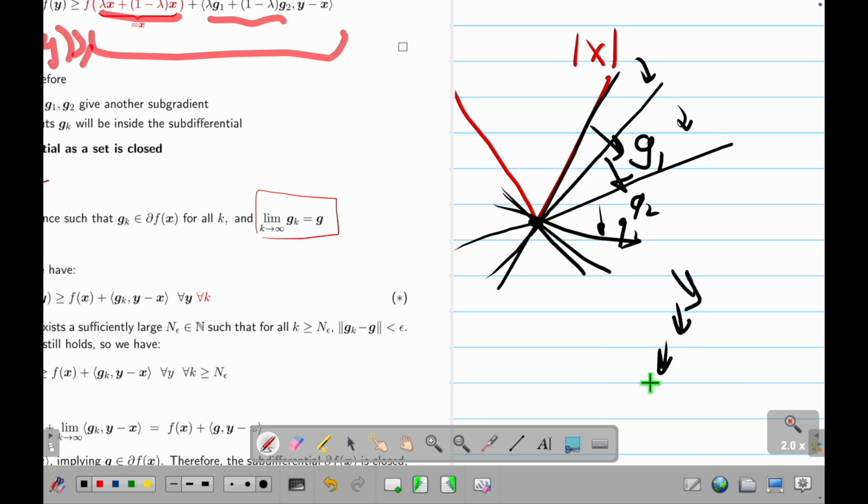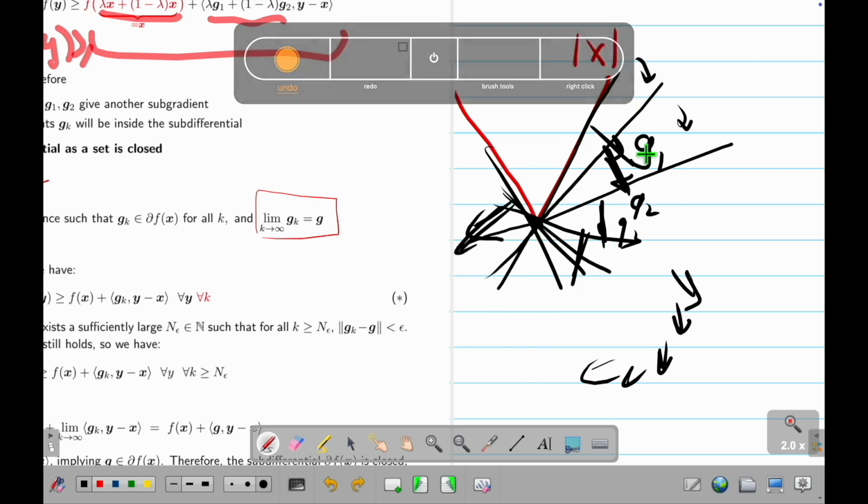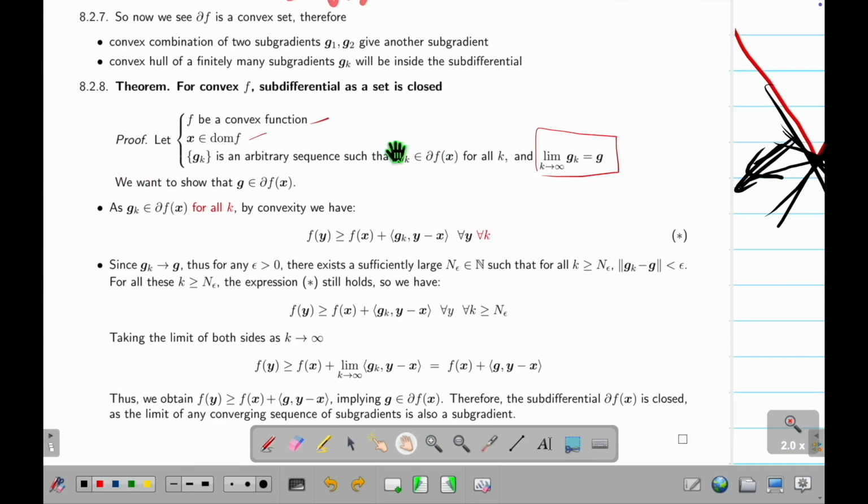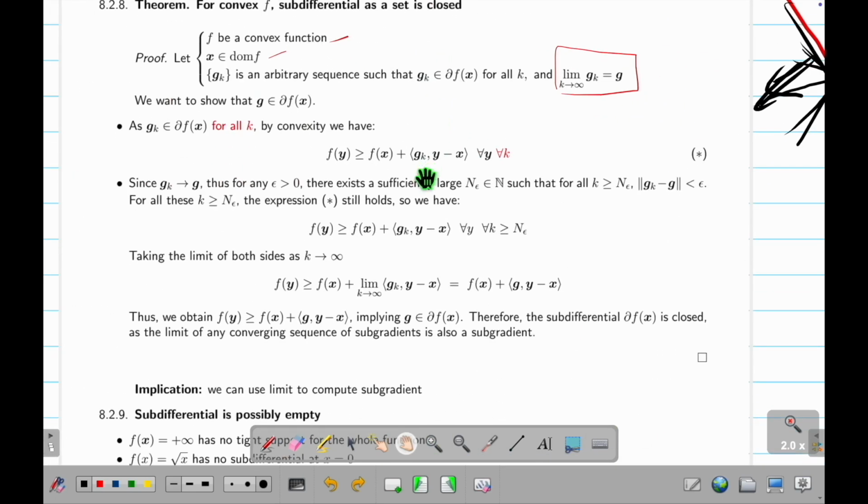Here, here, here, here, here. In the end, I have this line here. Then I'm saying, if this one is a subgradient, this one is a subgradient, this one is a subgradient, and so on, in the end, this one is a subgradient. And since I'm moving from the largest possible g to the smallest possible g, I travel through the whole set. And if all the limits agree with each other, this is the definition of closedness, then this set is closed. That's the idea. And the proof is actually very easy.